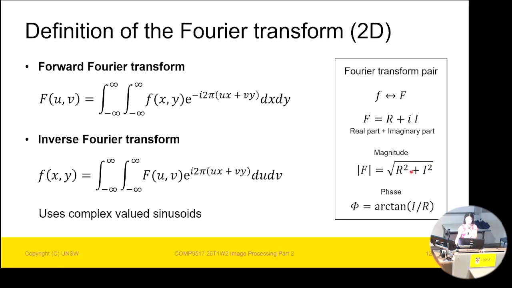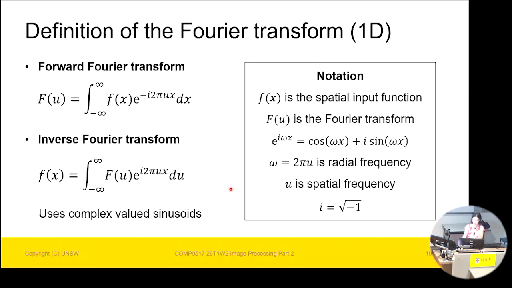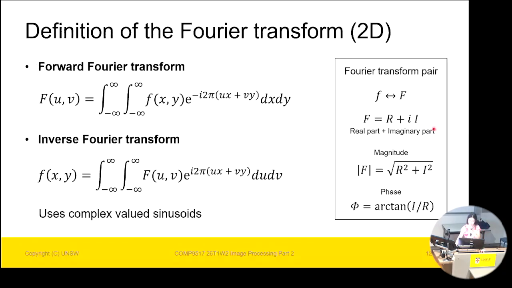So we just do this kind of operation to get the magnitude. And this magnitude is typically what we use during this processing. If we want to visualize the intermediate output, we can just visualize this magnitude. And then because we have two terms, besides magnitude, we can also get the phase. That's arctangent of I divided by R. That's just the definition.